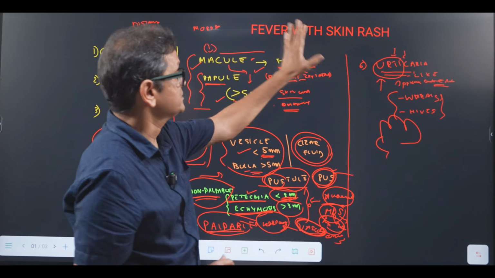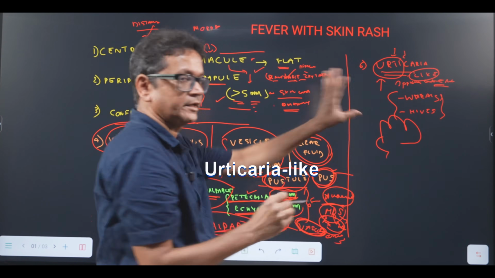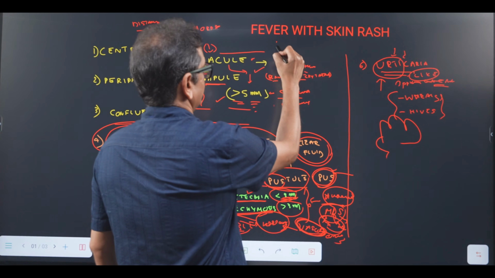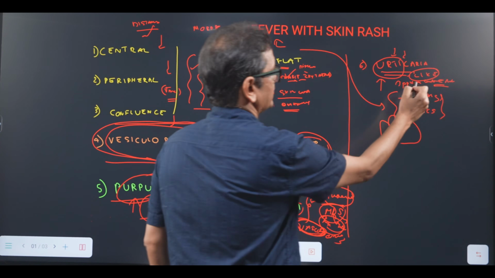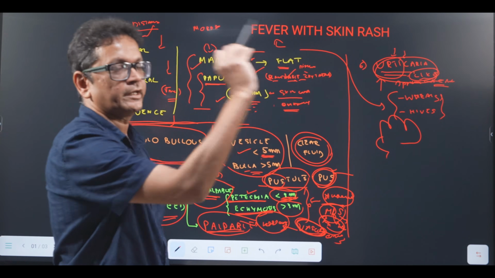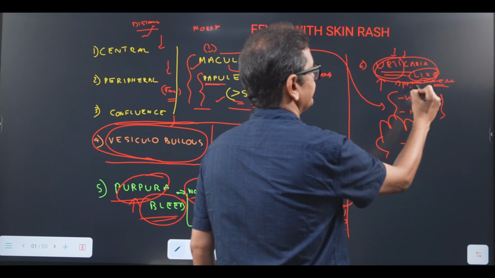But as far as fever is concerned, you have to label it as urticaria-like, not urticaria. Urticaria is a completely different condition. So, when a patient is having such hives, you have to write urticaria-like lesions, not urticaria. Fever with urticaria-like lesions. Then you will probably be more than happy.